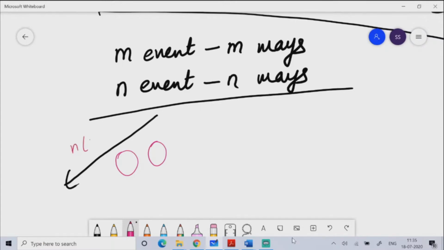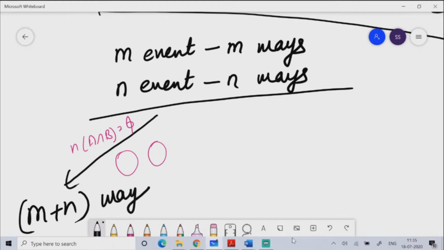If you understand set theory, A intersection B is null for them. For such events where the point of intersection is null, they are disjoint sets or mutually exclusive sets. So in how many ways can you do them? You can do them in m plus n ways, because they cannot be done together. So you can do either m or n.